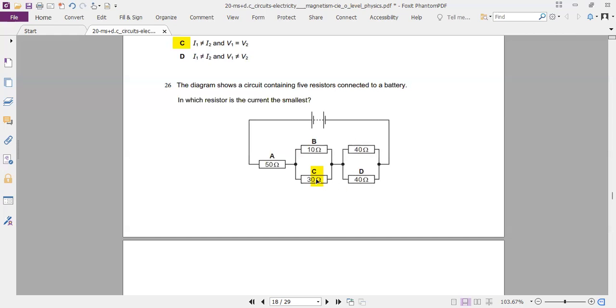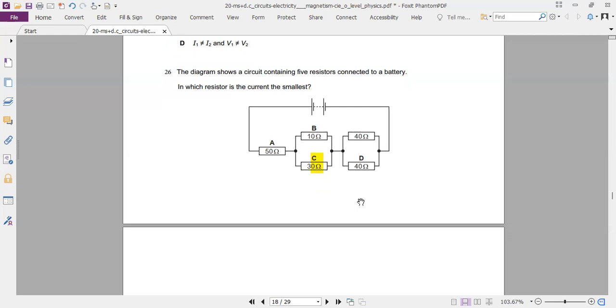So 30 ohm will have the minimum current. The two 40 ohm resistors, when combined, make the equivalent resistance 20 ohms. So the current, according to the 20 ohm, will pass through both of them.